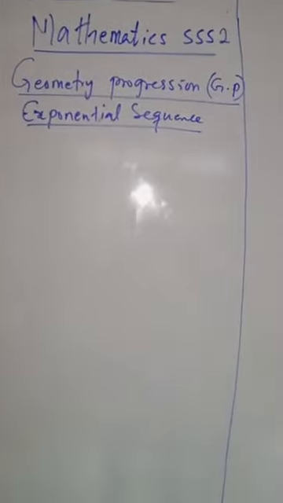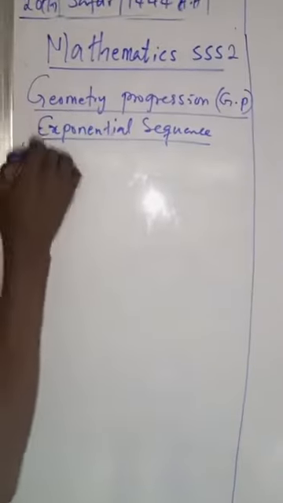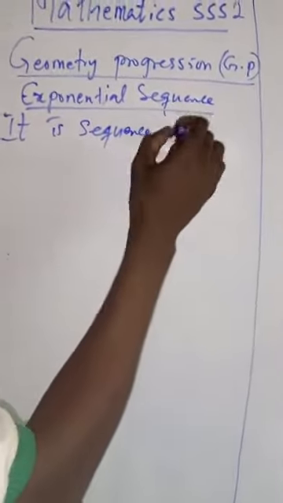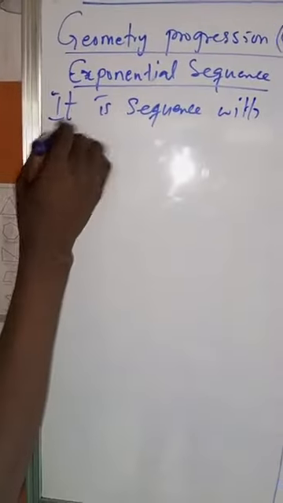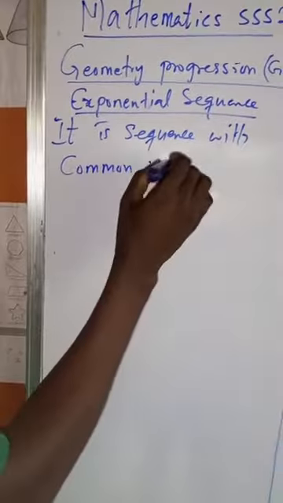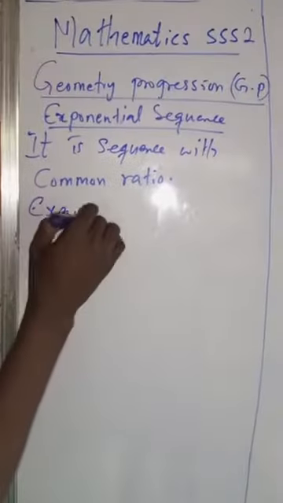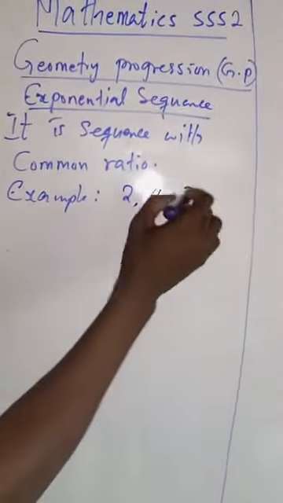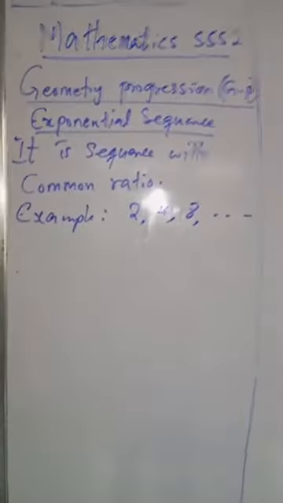GP is a sequence with a common ratio, like we have AP with common difference. This is common ratio. Now let's give an example. Let's say we have 2, 4, 8, and like that.